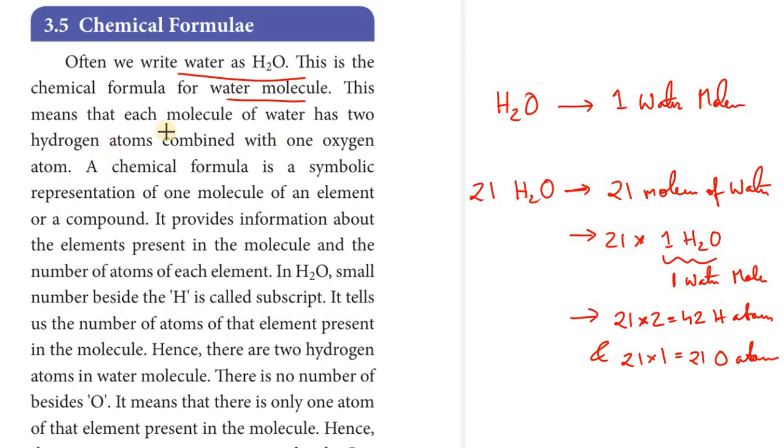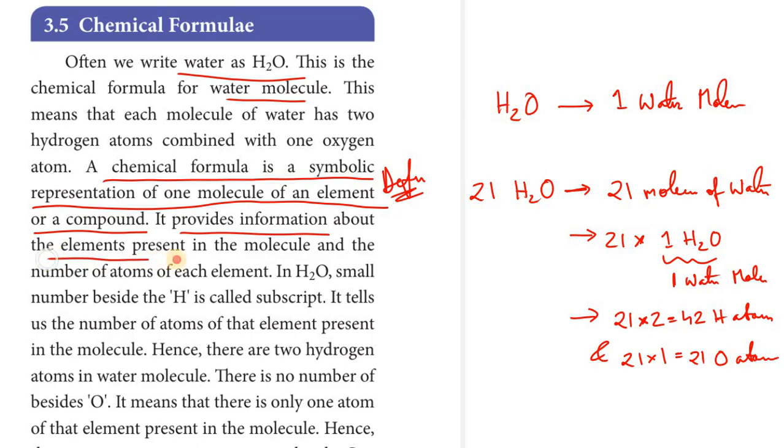Okay, so this means that, as I was saying, each molecule of water has 2 hydrogen atoms combined with 1 oxygen atom. Now, you see, a chemical formula is a symbolic representation of one molecule of an element or a compound. So, important students, this is a definition. Now, what does a chemical formula do? It basically provides information about the elements present in the molecule and the number of atoms of each element.